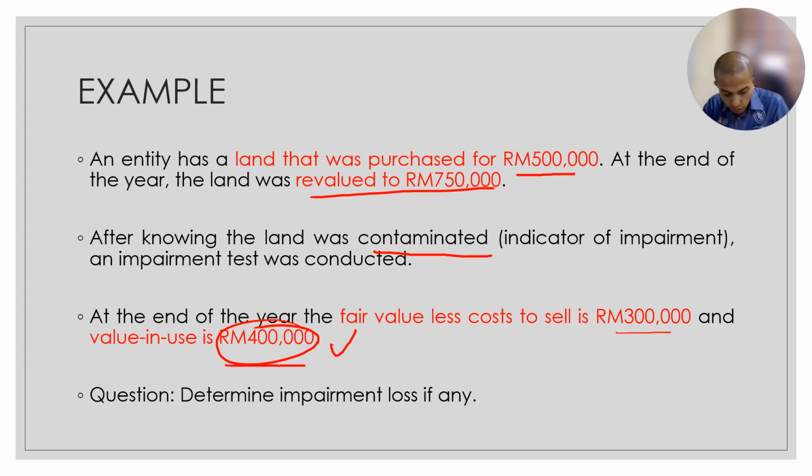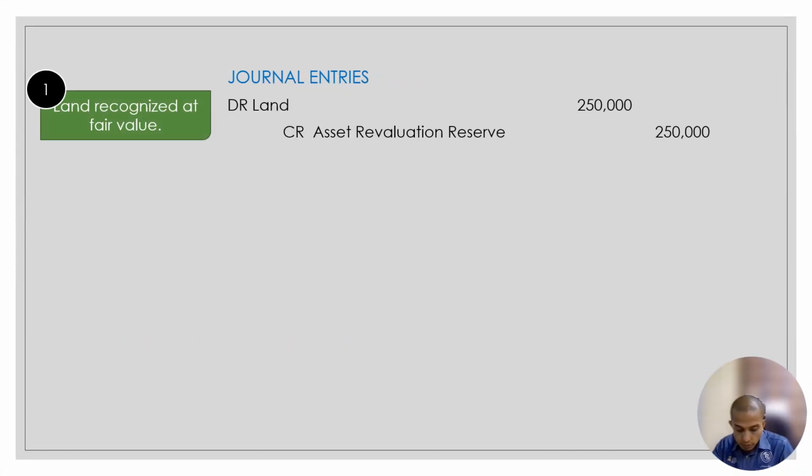So if we follow this question, alright, we are going to have debit land, credit asset revaluation reserve because it is increased for the first time. It is increased from 500,000, you can refer to this slide, to 750,000. So it is increased by 250,000. Okay.